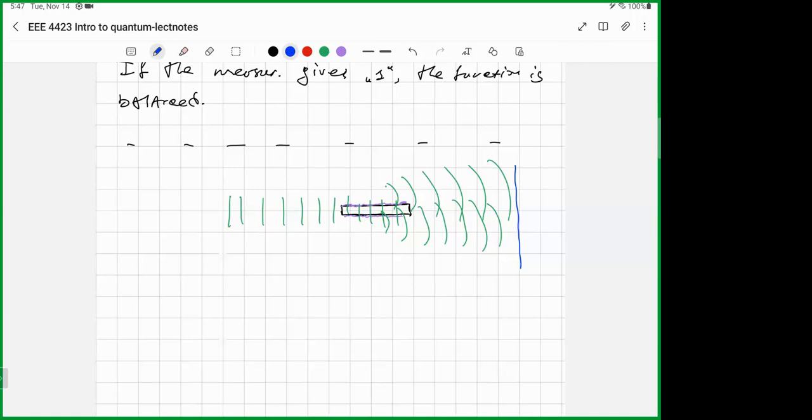and the key point here is that the light of a laser is coherent, and it can provide interference, right? It can interfere. So these two beams can interfere, forming an interference pattern, right?